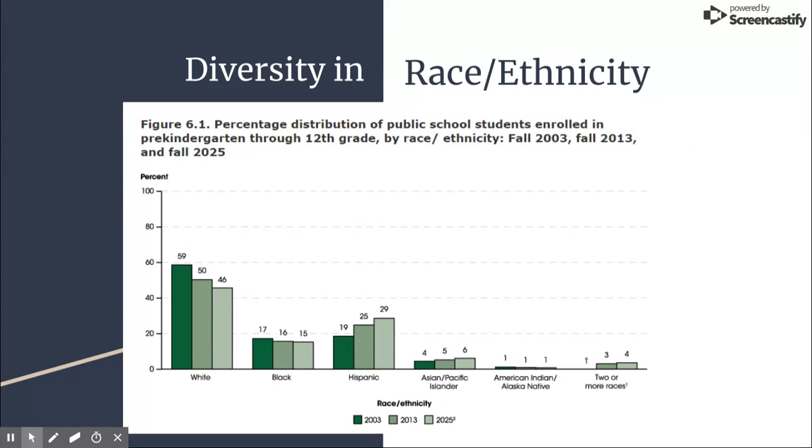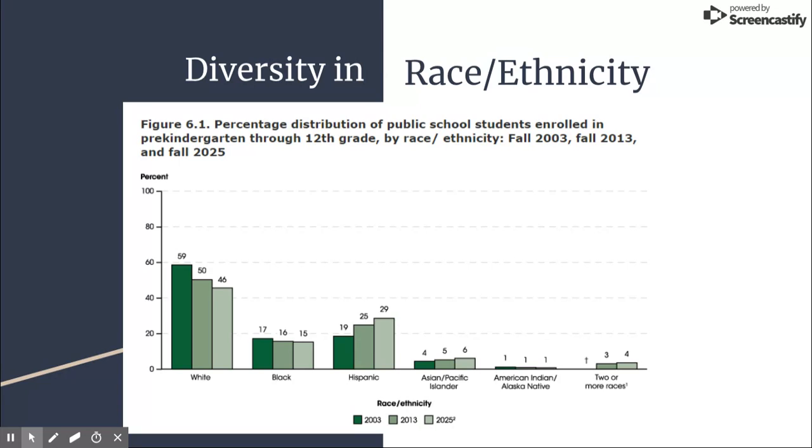Also, this is the case for students in terms of race and ethnicity. And so this graph shows the fall of 2003, 2013, and then it projects into 2025 what they think will be race and ethnicity in the classroom. And so we can see that for white students, it's decreasing.